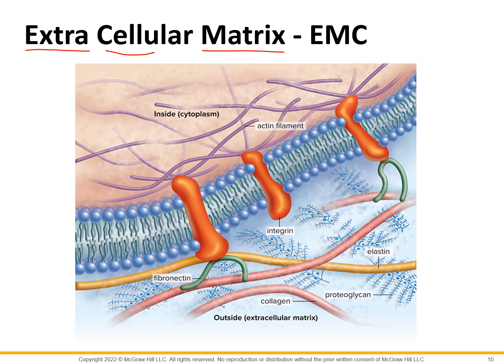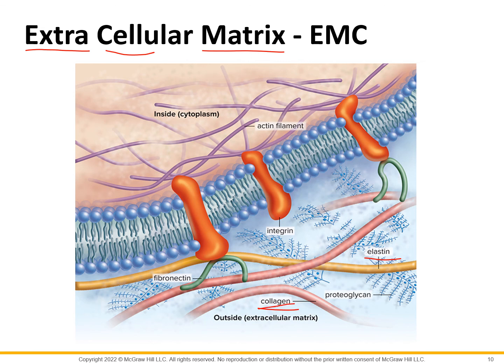This extracellular matrix is made up of protein fibers like collagen and elastin. You've probably heard about those associated with skin, because this extracellular matrix is very important for animals because it holds the individual cells together into tissues so that the cells can coordinate their activity and function as a tissue.